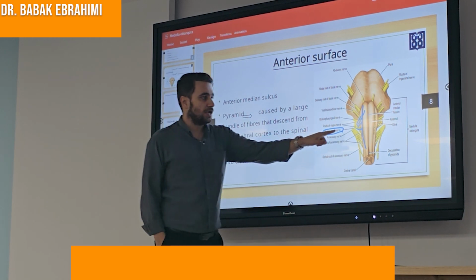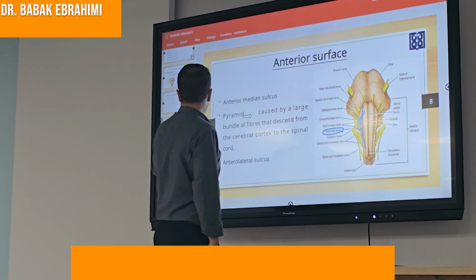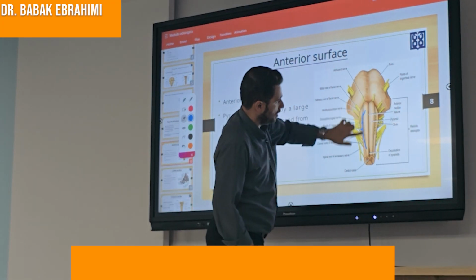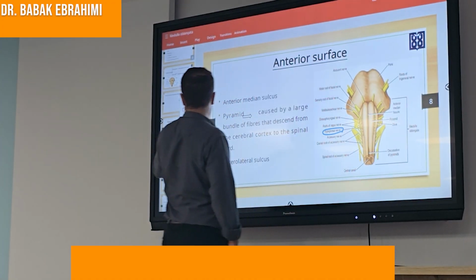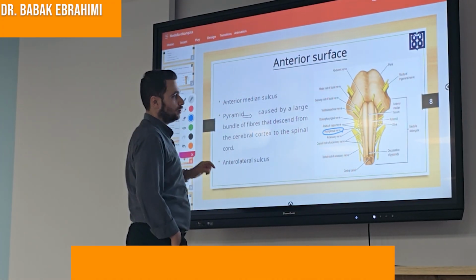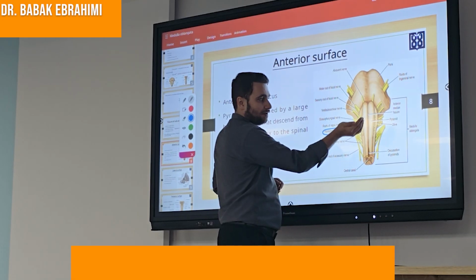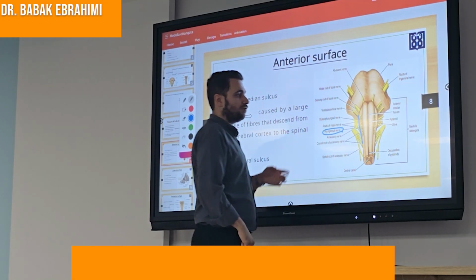So we have the hypoglossal nerve. After the hypoglossal nerve, look here. This one is anterolateral, and posterior to that we have posterolateral. For which nerve?